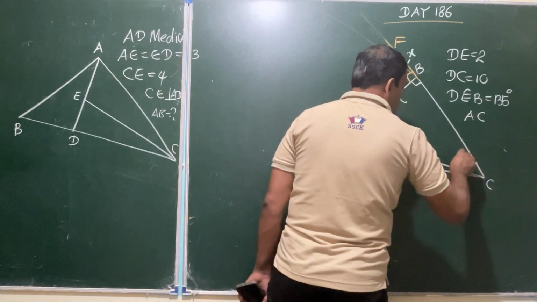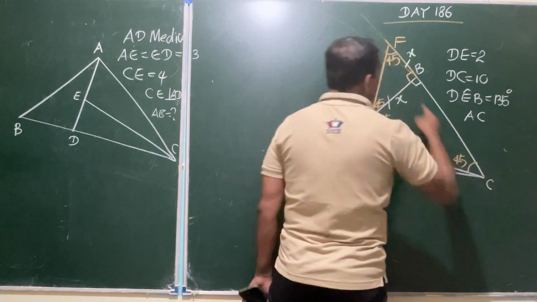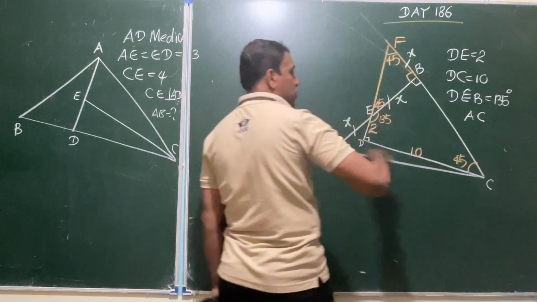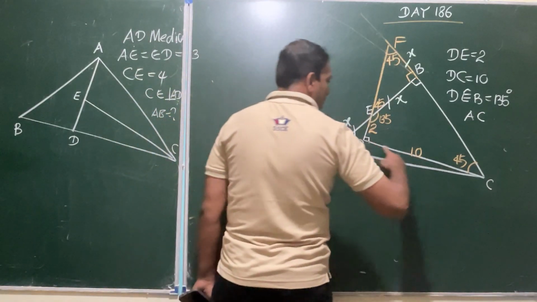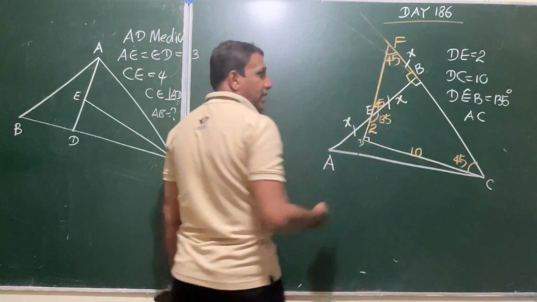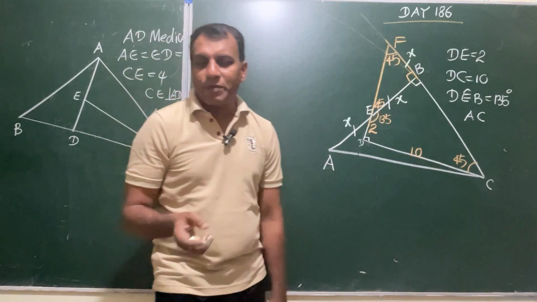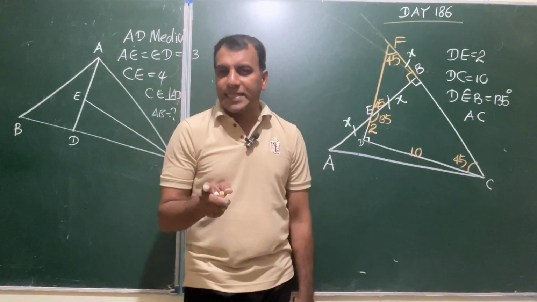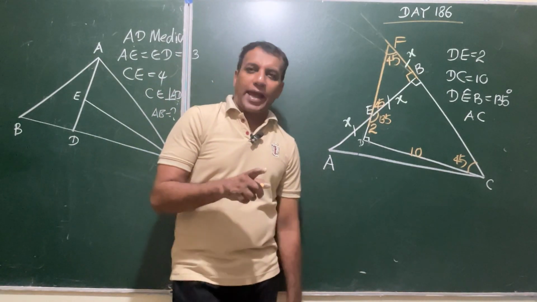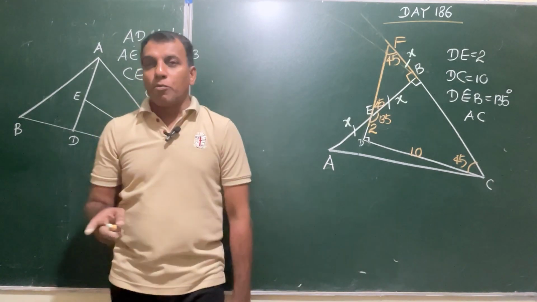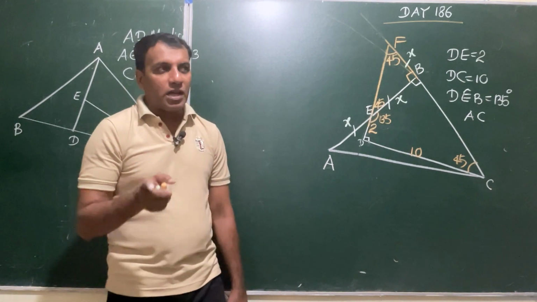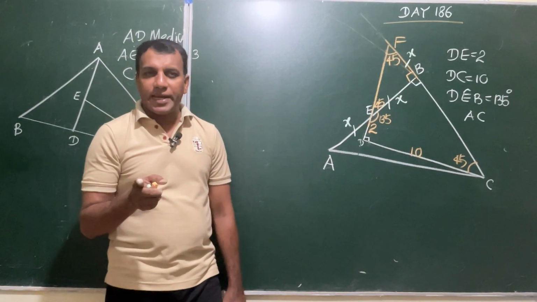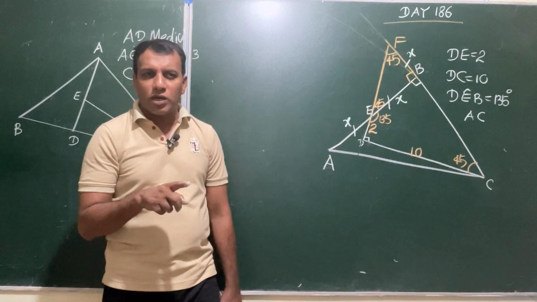Here 90, here 45. Therefore this is 45 degrees, because take the biggest triangle, also an isosceles triangle. So here 10, right? In a triangle, if two angles are equal, opposite sides are equal. In a triangle, if two sides are equal, opposite angles are equal.